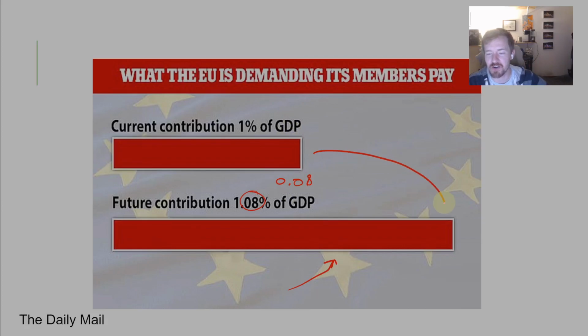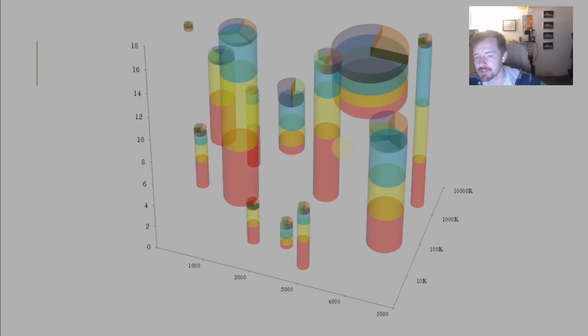So these two graphs are very misleading. Here, I don't even know what this is supposed to be. Somebody, if you know what this is supposed to be, let me know. I don't know what it is. I've looked at it for a long time now. When I close my eyes, I see this data.